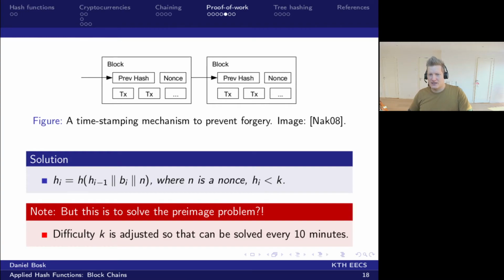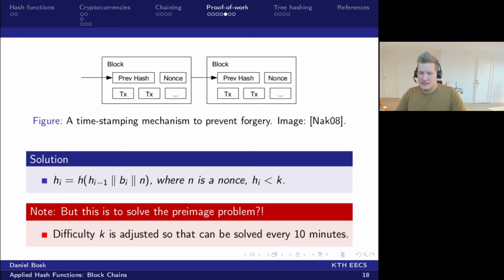Because this k is the difficulty that is adjusted so that one of these problems can be solved like every 10 minutes. So if we set this k very large, then of course this problem is going to be much easier. If we set it very small, then this problem is going to be really, really hard.